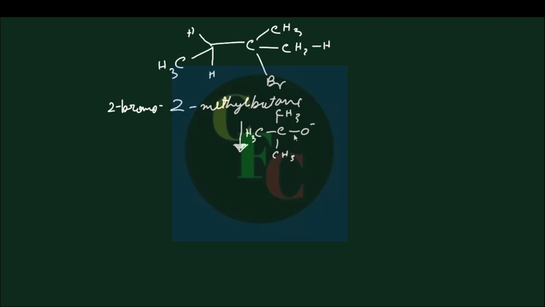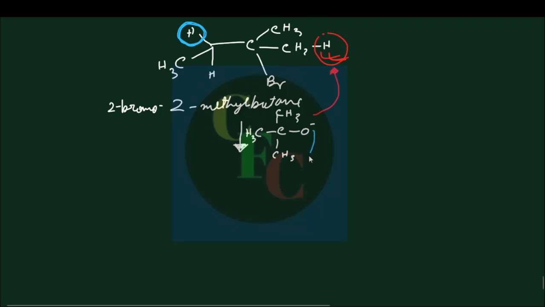Now for this bulky base, these hydrogens are less approachable, but this hydrogen is more approachable. So these are more exposed. So this butoxide will rather go to this hydrogen than this one.